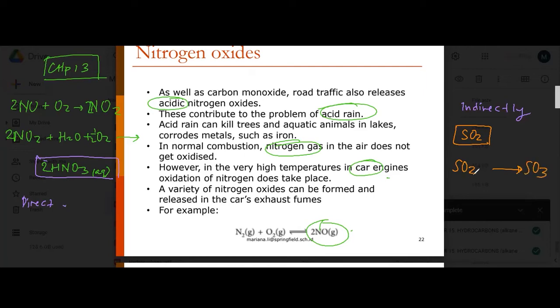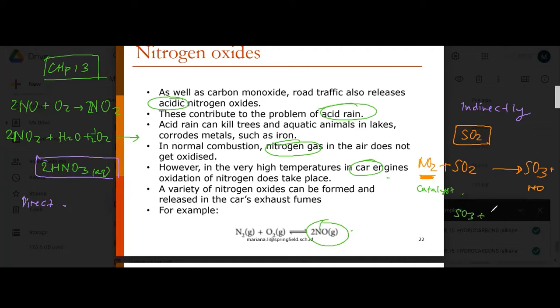How to do this? SO2 will react with NO2. So NO2 behaves as an oxidizing agent, since it will give oxygen to SO2 to form SO3 with NO. So NO2 is a catalyst in this case, a catalyst to oxidize SO2 to SO3.